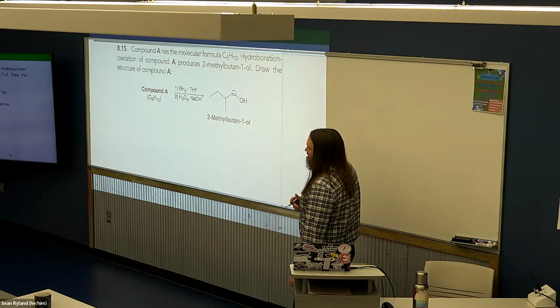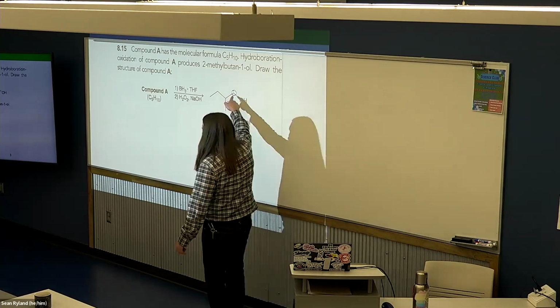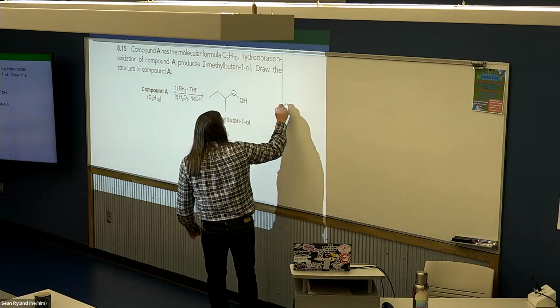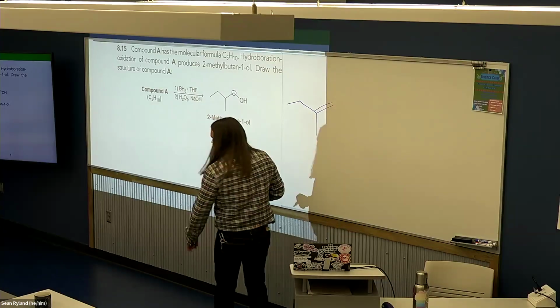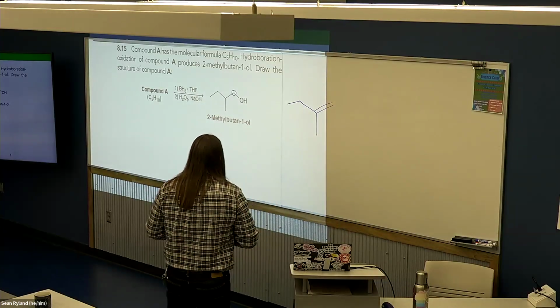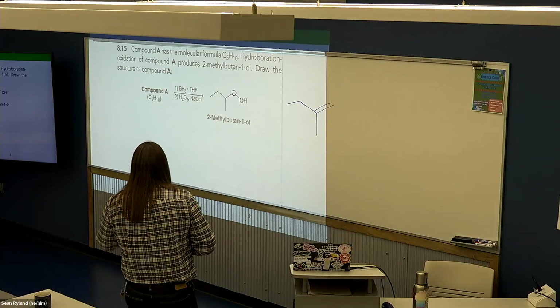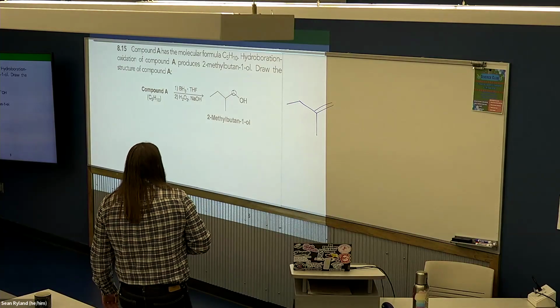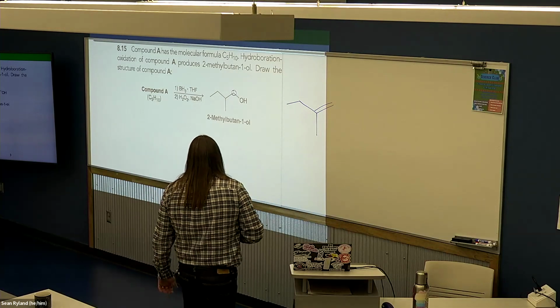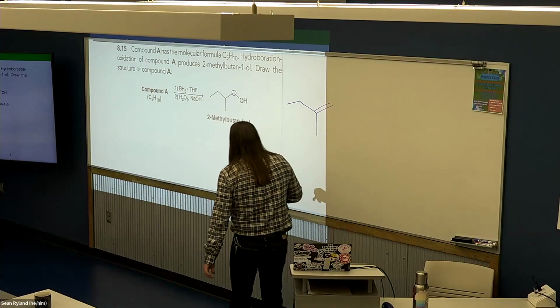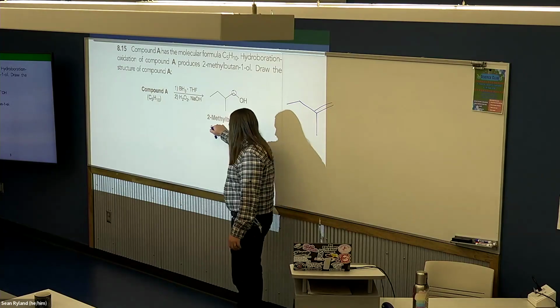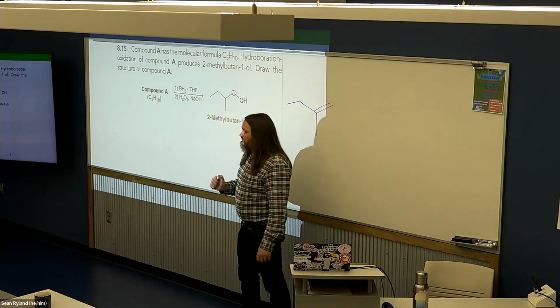So what does the other carbon have to be then? There's only one other carbon it's attached to, right? So we must have started from this molecule, 2-methyl-1-butene. So 2-methyl-1-butene reacted to make 2-methyl-1-butanol.